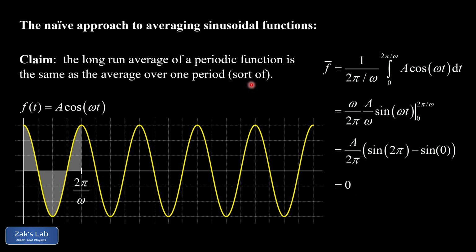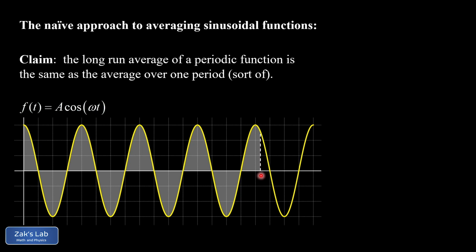So let's get back to that tiny problem with my claim about averaging periodic functions. This all seems intuitively obvious because the average value on the first period is the same as the average value on the second period and the nth period and so on. But our claim is actually a little bit flawed, because if I'm averaging over a long period of time, say thousands of periods, but my time interval doesn't neatly cover an integer number of periods, we can end up with a little tag end on the area calculation just past the completion of a period.